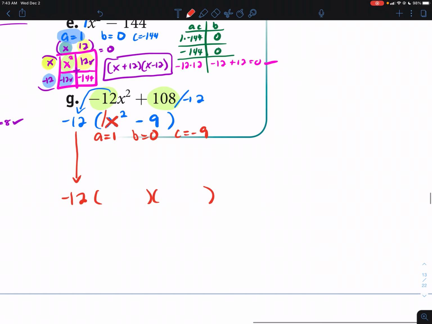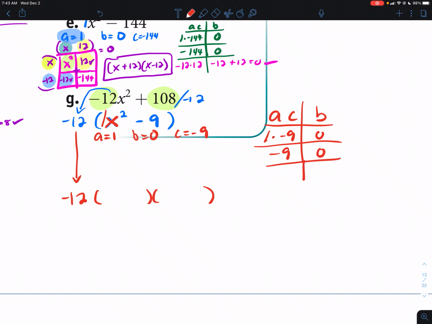So I need factors, a, c, b, 1 times negative 9, and 0. Factors of negative 9 that add up to 0. Well, I feel like this might be pretty obvious. 3 times negative 3 is negative 9, and then 3 plus negative 3 equals 0.